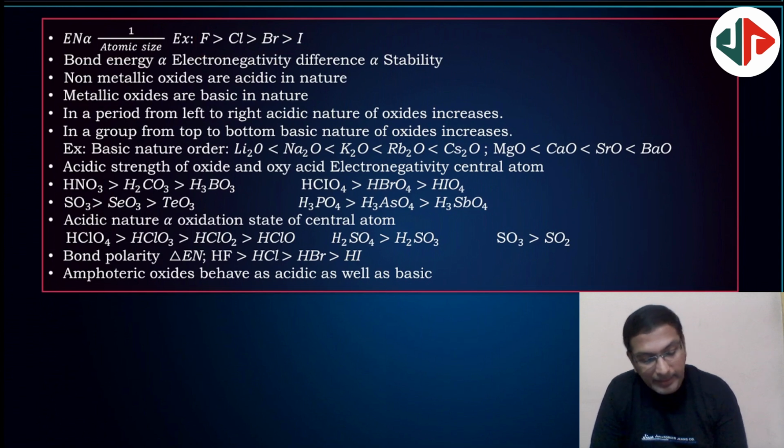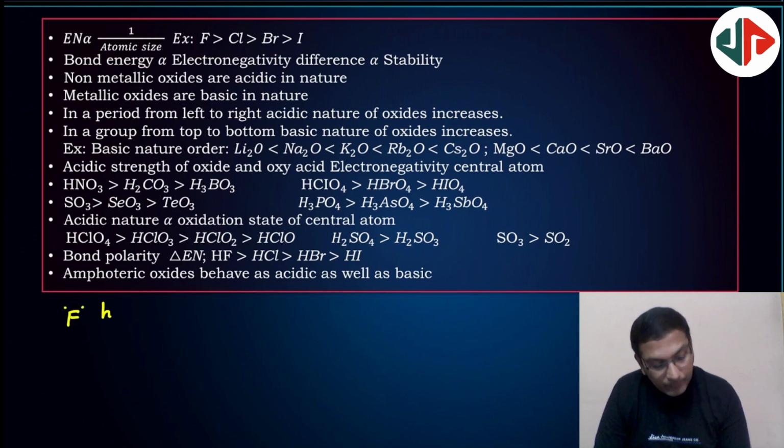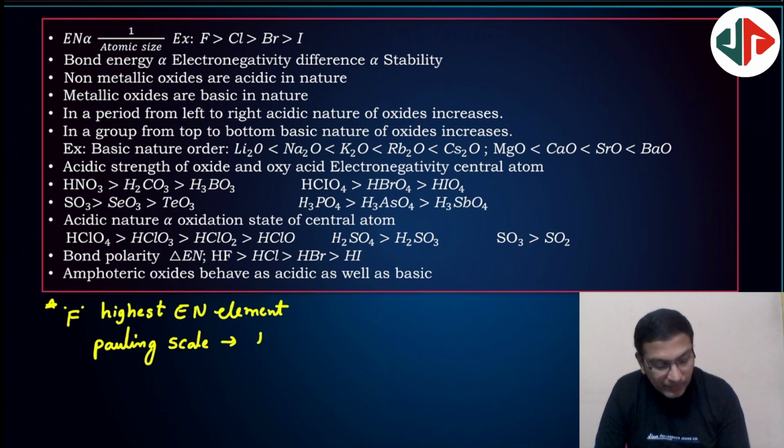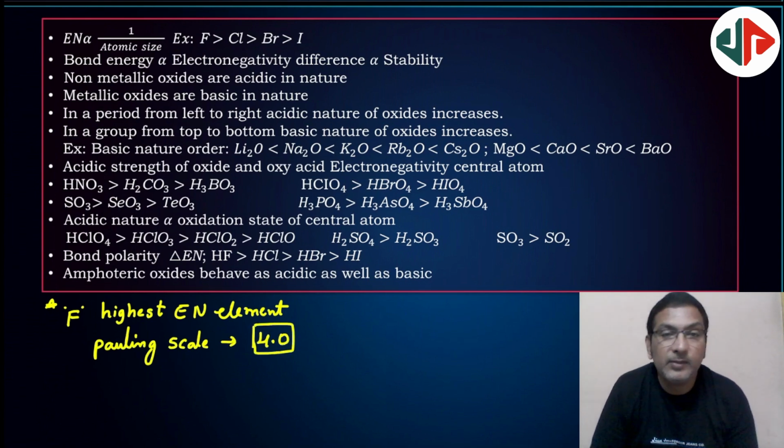On the Pauling scale, fluorine, the highest electronegative element, has a value of 4, which is highest. Second highest is oxygen, 3.5.